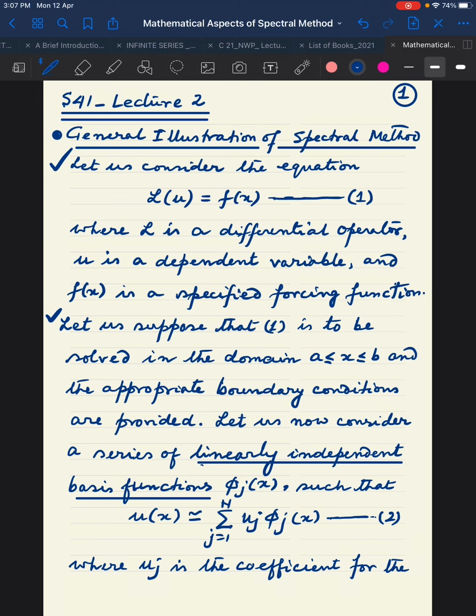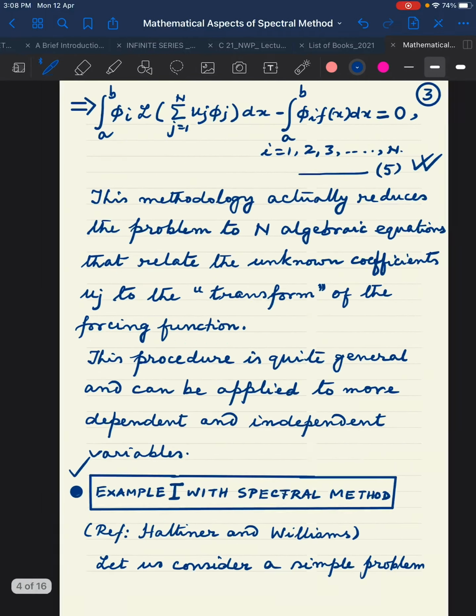But we have assumed the approximation of that variable as summation j equal to 1 to n of u_j phi j(x), and phi j(x) is our choice. So what remains is to find u_j, and that we have found in example 1.